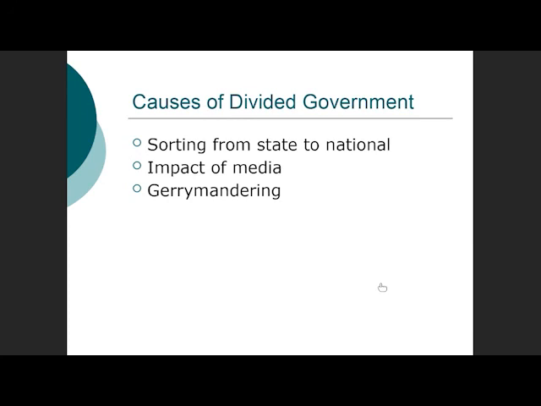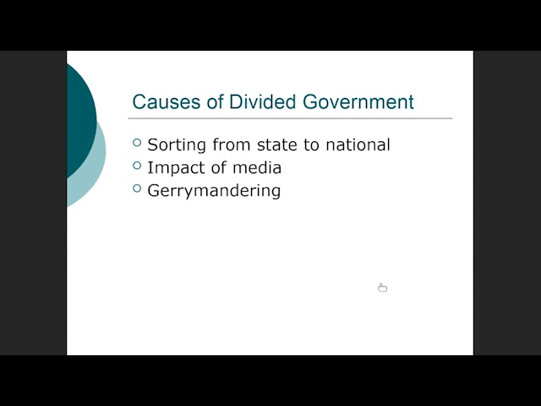The media is going to love this more combative line drawing, right, and position taking that goes on in political parties. That's more exciting and that's more sensationalistic and that gets more eyes. So the media is going to play that division up. They're going to try to rile up folks or get people excited about the combat that's going to occur here.